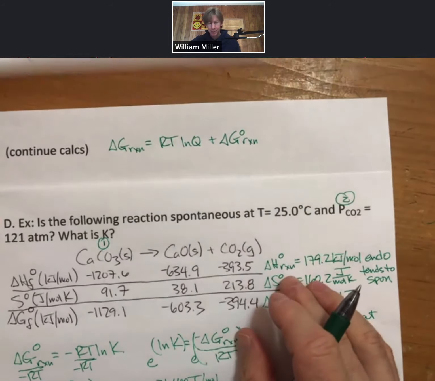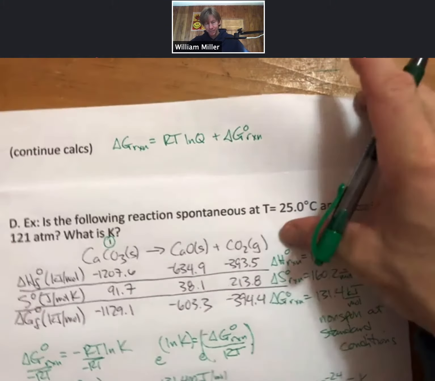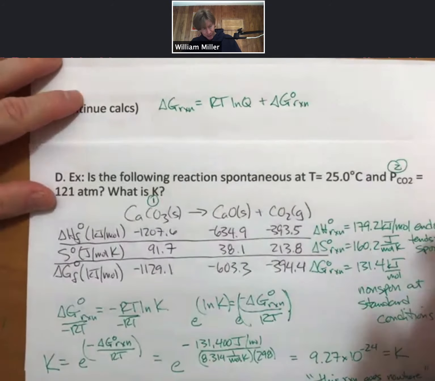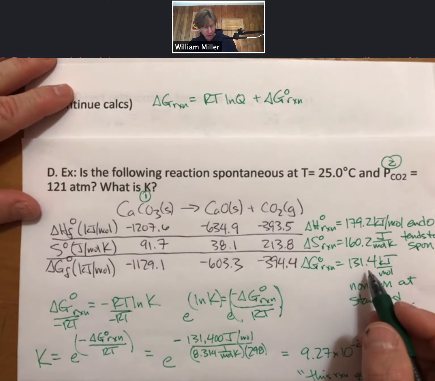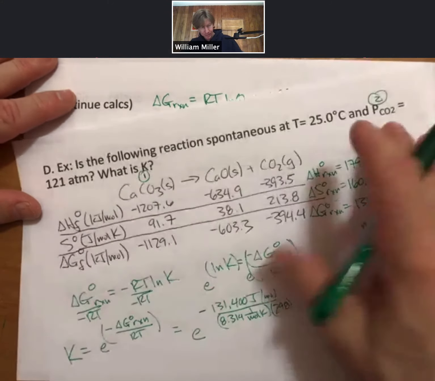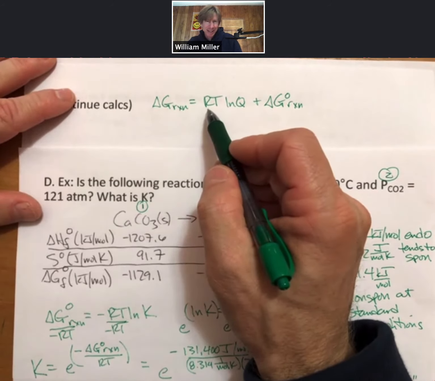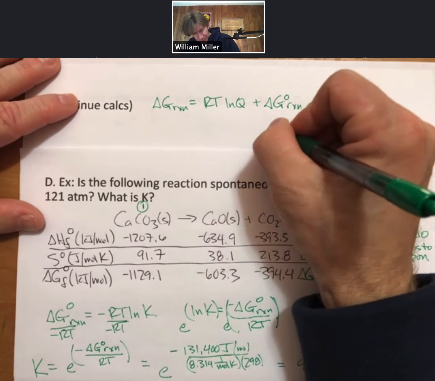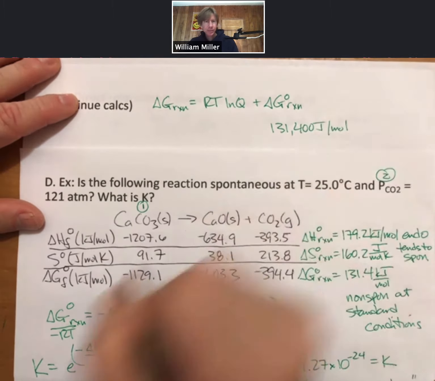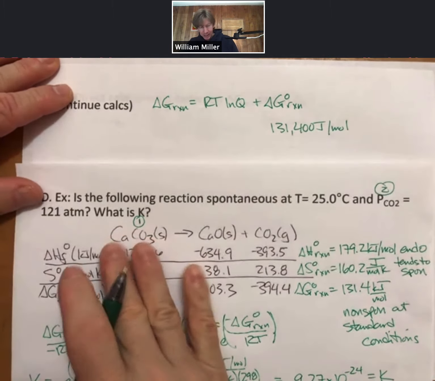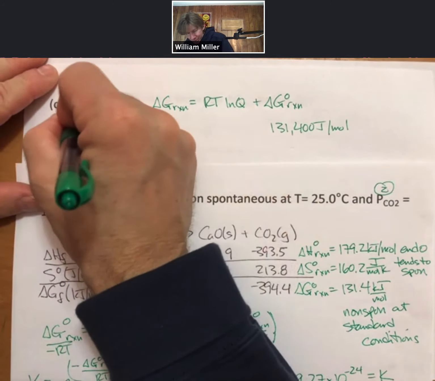All right, so now we know that delta G naught reaction is 131.4, and this R is still in joules, so I'm going to write 131,400 joules per mole.